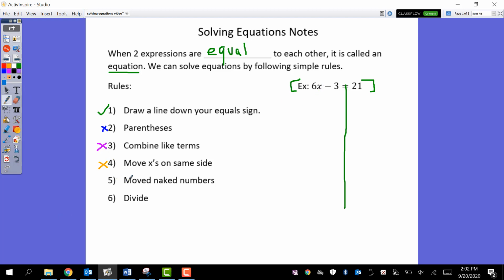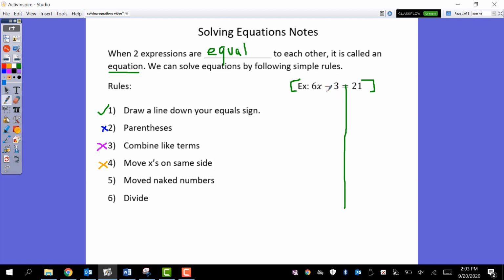Next step, we are moving the naked numbers. So the plain regular numbers, if we're moving our x's to the left, we're going to move our regular naked numbers to the right side, because I need to have my x's and my numbers separate. So that means if I'm looking on this side with x, is there a naked number? Yes, this negative 3. I need to move that to the other side of the line.